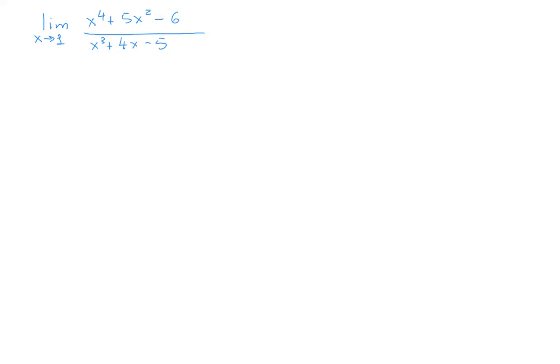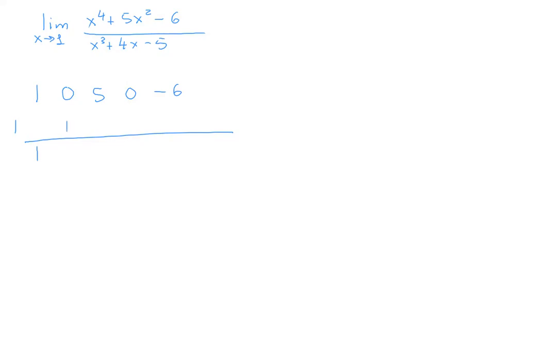So in any case, let's perform our two synthetic divisions here. So we will have 1, 0, 5, 0, and -6. And we're dividing by x minus 1, which means we need to write the number 1. Before starting anything, we should have noted here that if we plug in 1, then we get 0 over 0. That's always the very first step. Okay, let's go back to our synthetic division.